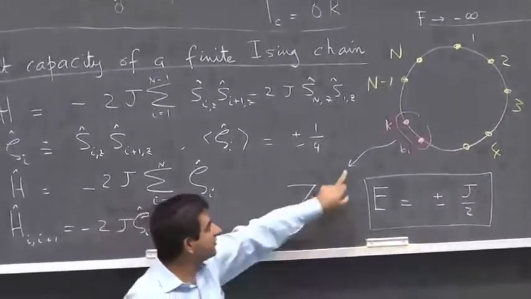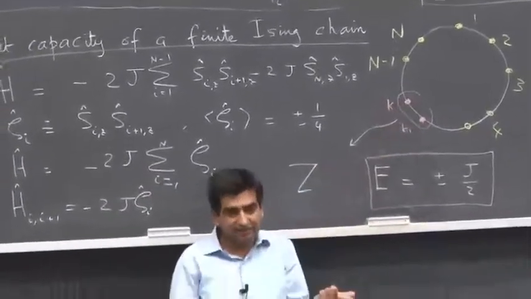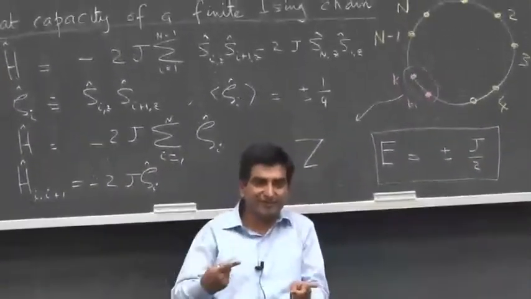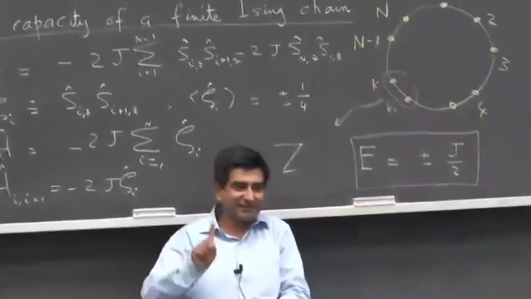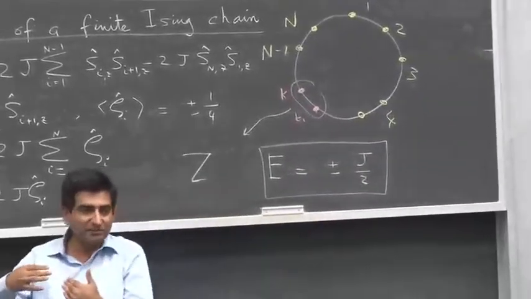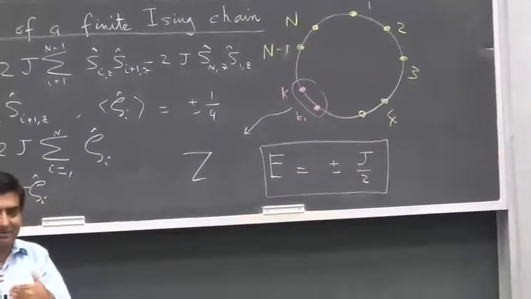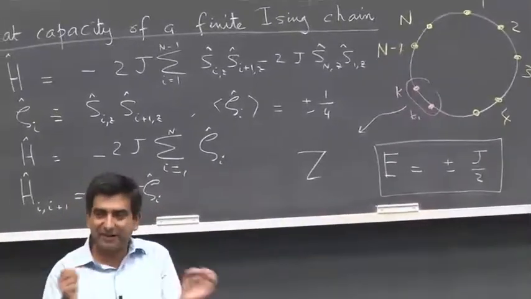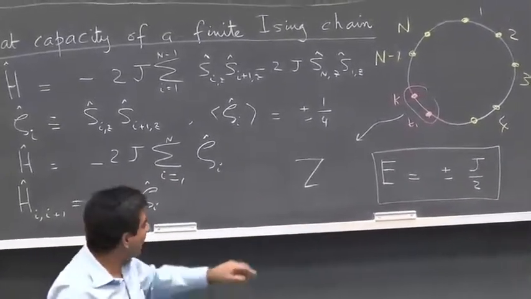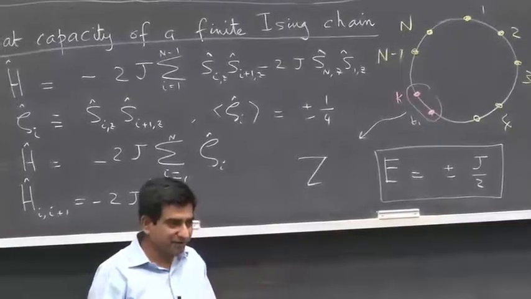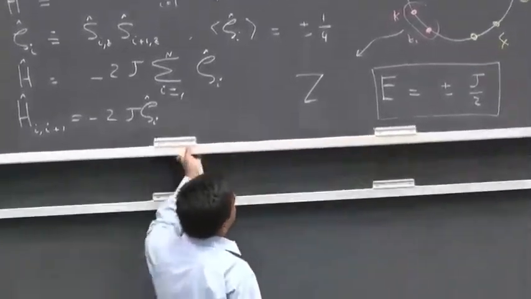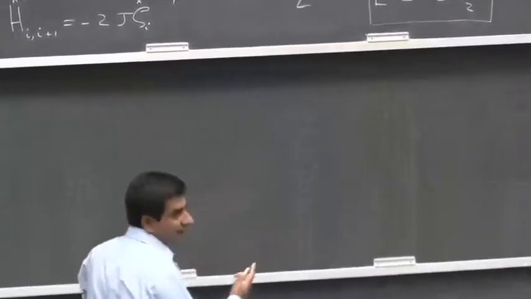Now we can write the partition function for this pair, because we know the two energy states. One is the ground state, the other is the excited state. It's just like a two level spin system. Spin could be up or down. Now we have two spins interacting through an Ising interaction. We would like to write down the partition function for this. So what's the partition function for this pair, for one pair?